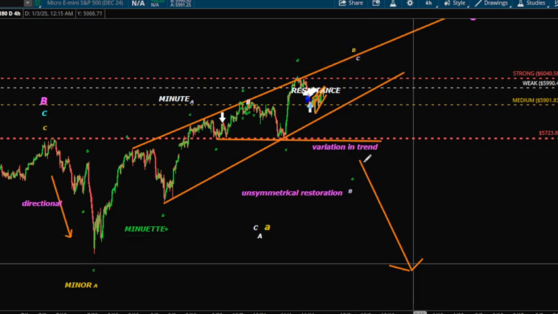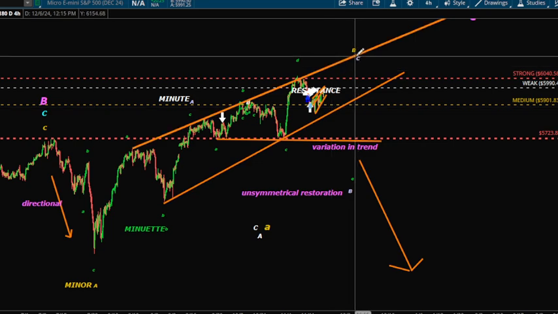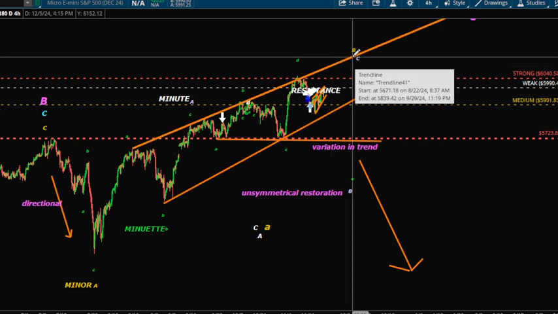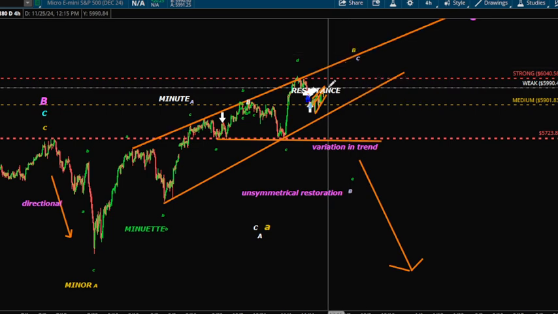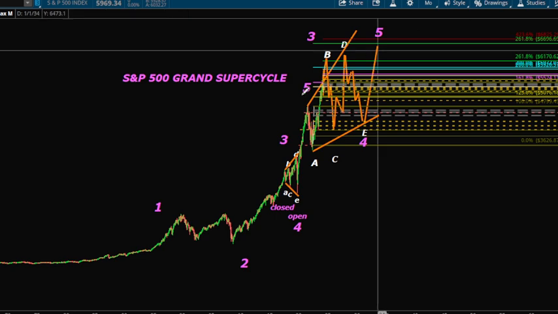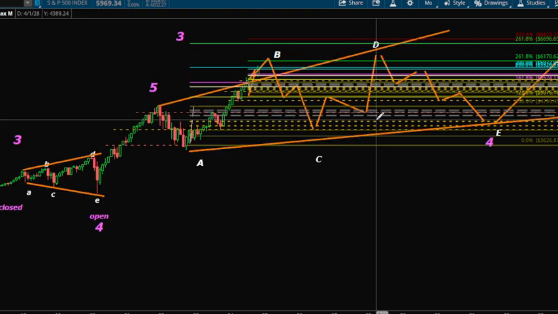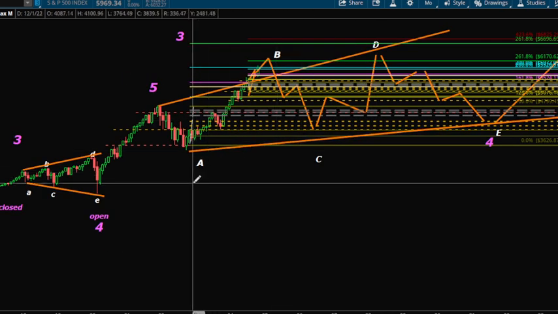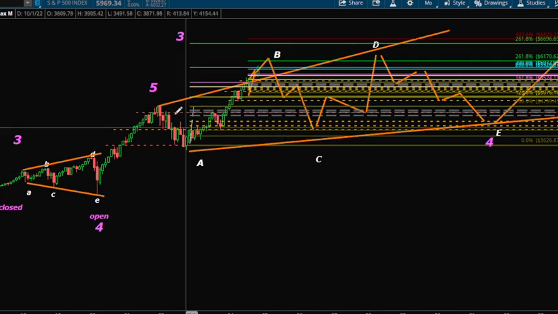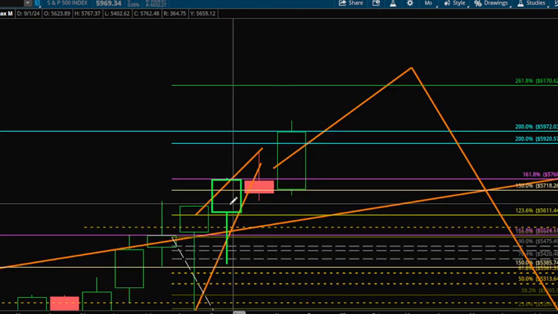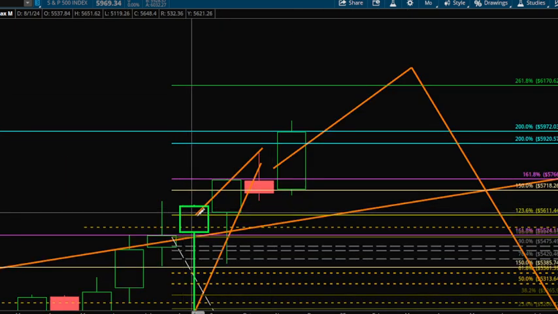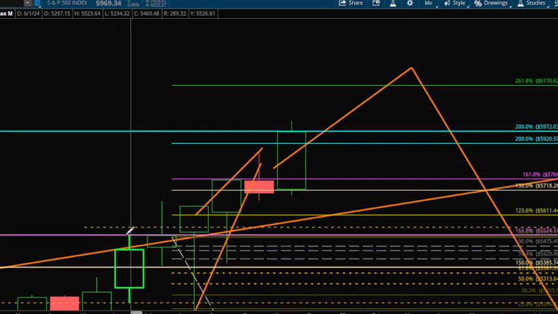So if that's the case, I have a target up here around the 6170 area from kind of the bigger picture here. This is on the actual S&P chart here, basically just measuring off the first correction, we get a 161.8 right here.